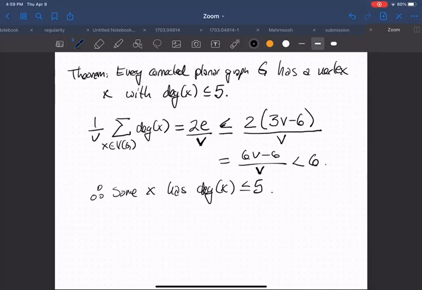And this particular trick of using the fact that certain things have to be integers and that something has to be less than the average shows up all the time, oddly, in graph theory. So you can prove lots of funny facts this way.